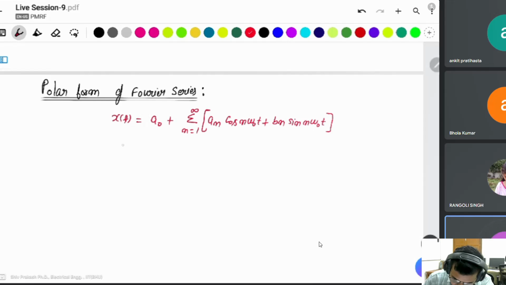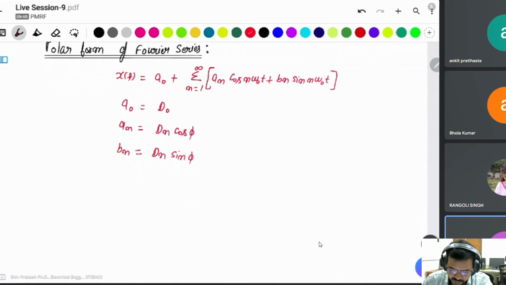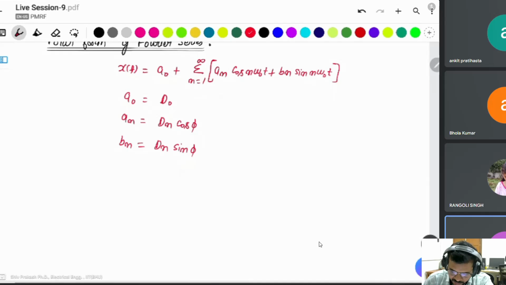In this, a naught is represented as d naught in polar form, an is represented as dn cos phi, and bn is represented as dn sin phi.